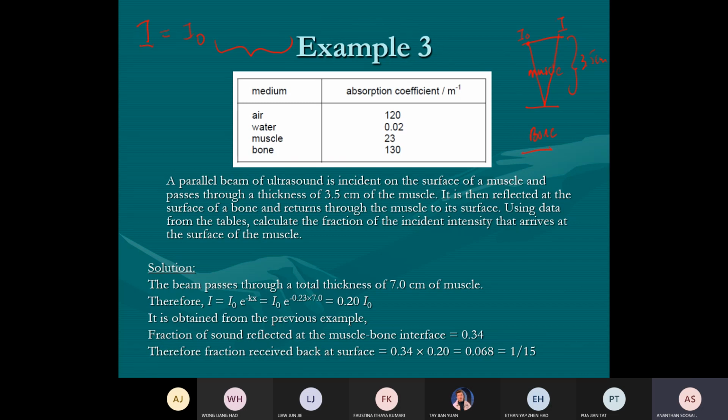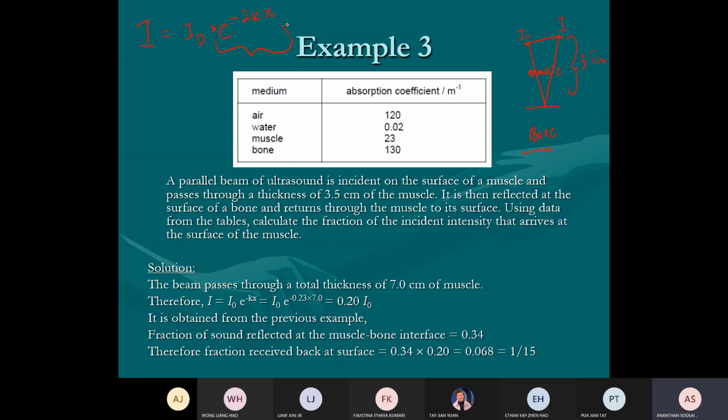So I equals I naught, and what do you write then? How many times absorbed? Twice absorbed, right? So E negative kx multiplied by E negative kx twice, so actually E negative 2kx, twice absorption.